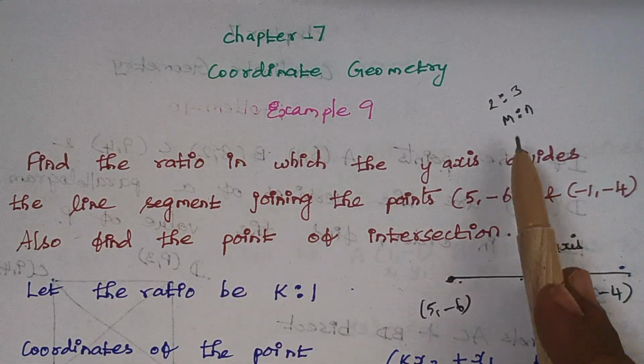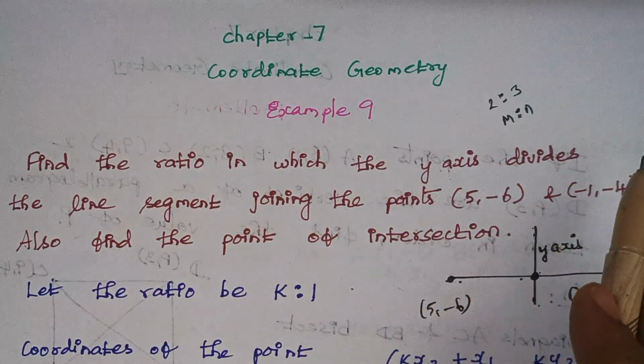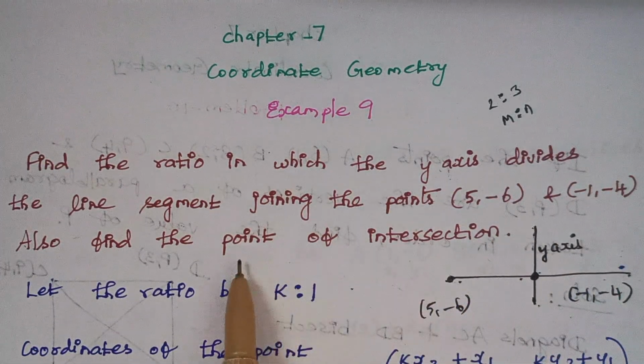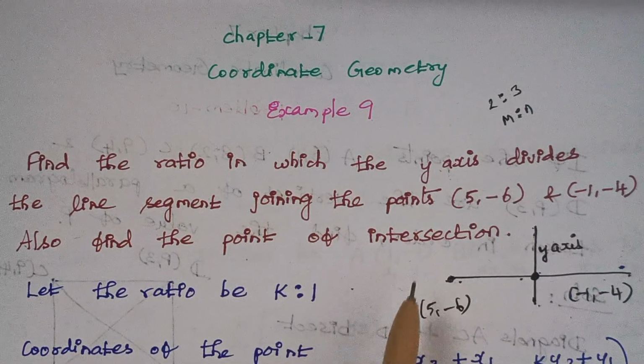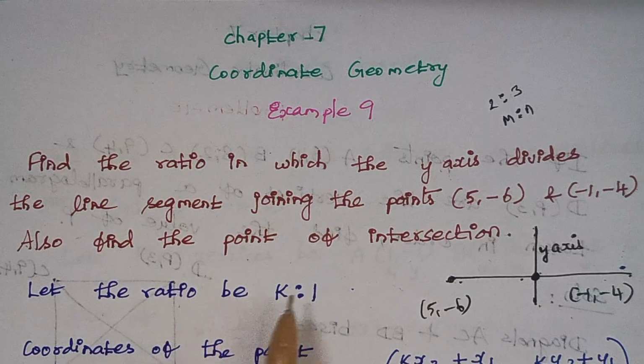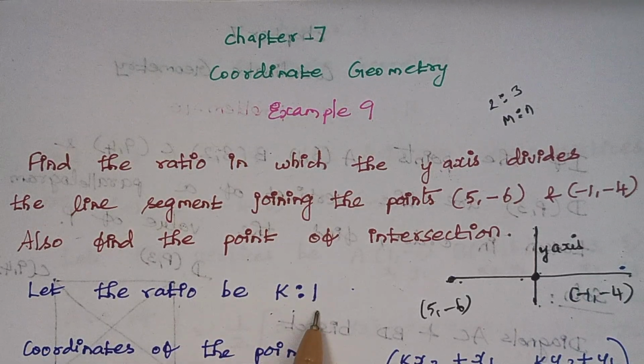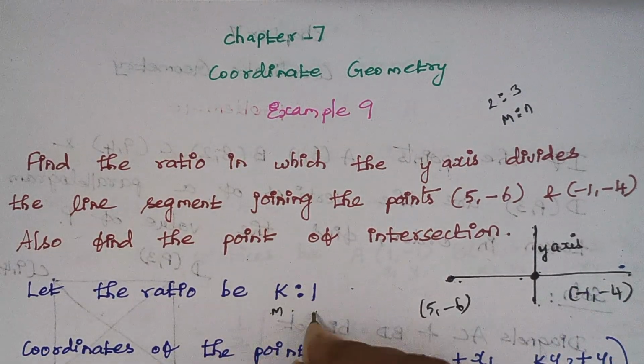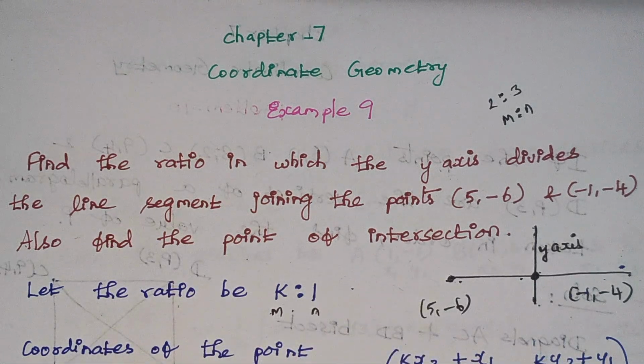But here, the ratio is not given, but they are expecting us to find the point of intersection, right? So, we are assuming by ourselves that the ratio is k is to 1, that is, this stands for m and this stands for n. So this is the basic concept. If the ratio is not given, we have to go by this assumption.